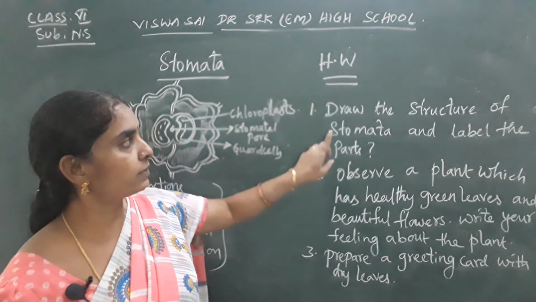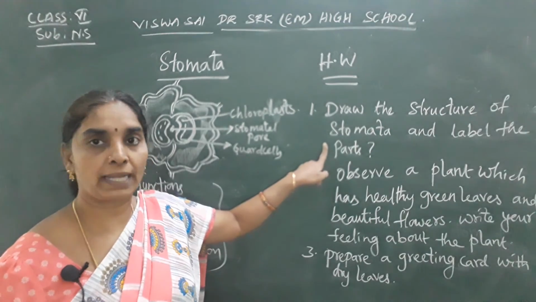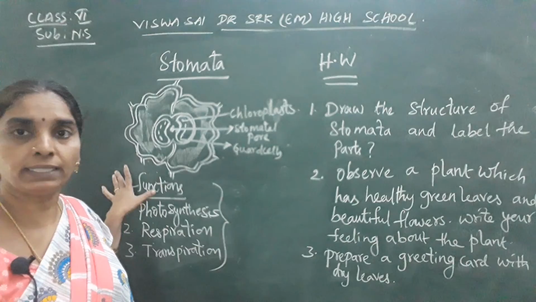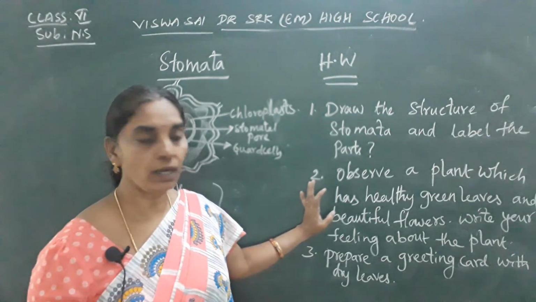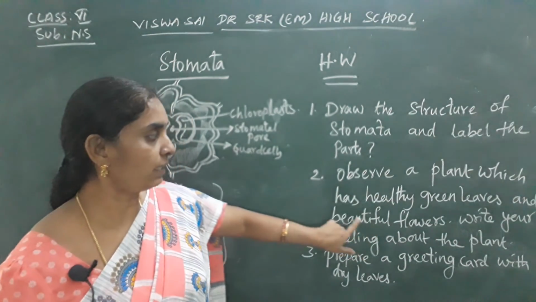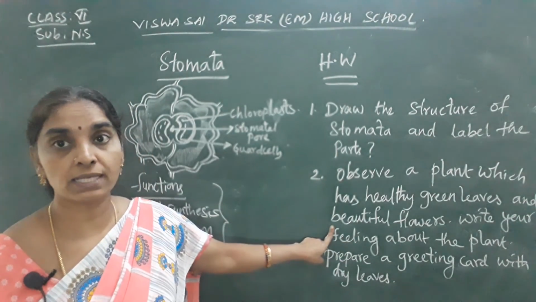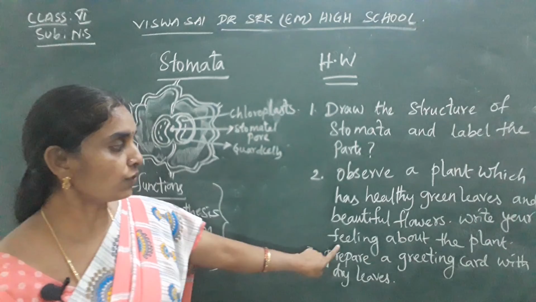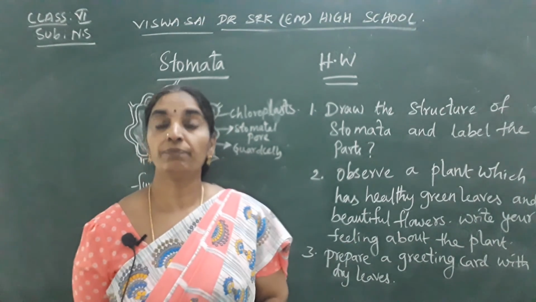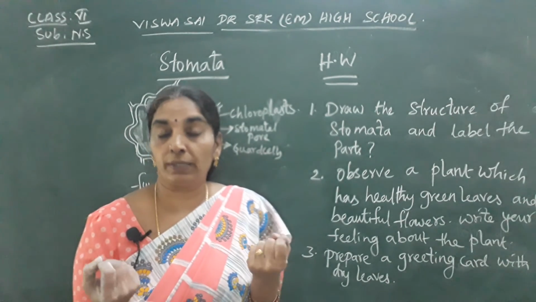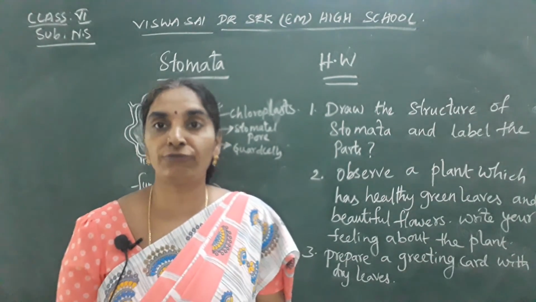In today's homework, draw the structure of stomata and label the parts. Neatly draw it and show it from your classwork. Observe a plant which has healthy green leaves and beautiful flowers. This is your own answer, you have to write on your own. Write your feeling about the plant. How do you feel when you see the plant with the blooming flowers?